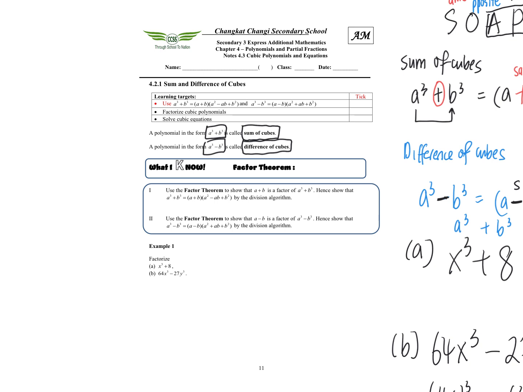So using the SOAP property, it will also be a squared, ab, and b squared. Okay, so the rest will be same sign, opposite, always positive. So your factorization will naturally become this 16x squared, 12xy, and 9y squared. Okay, that's all I have to say today.